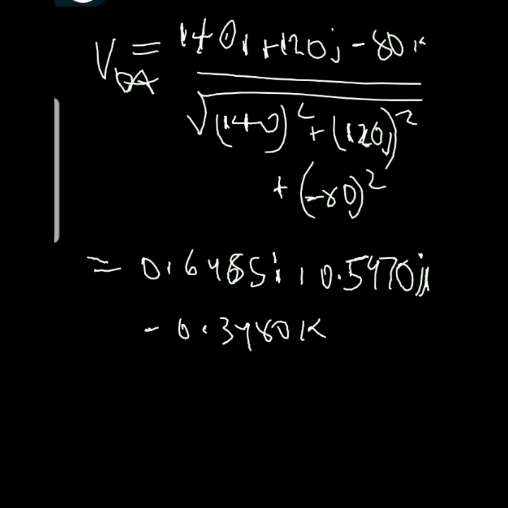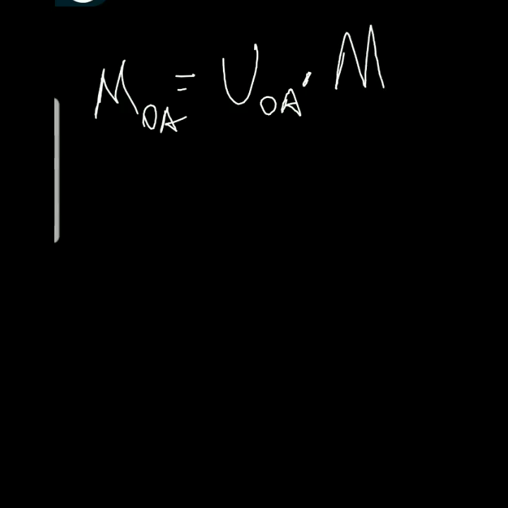The projection of this moment on the line OA is the moment along OA, equal to the unit vector OA dot product with our resultant moment.